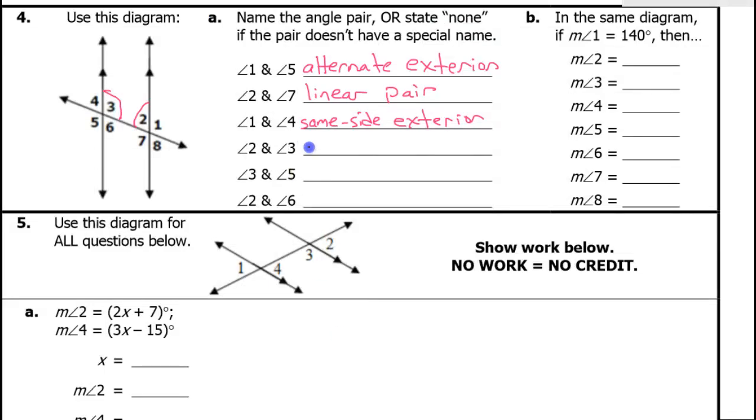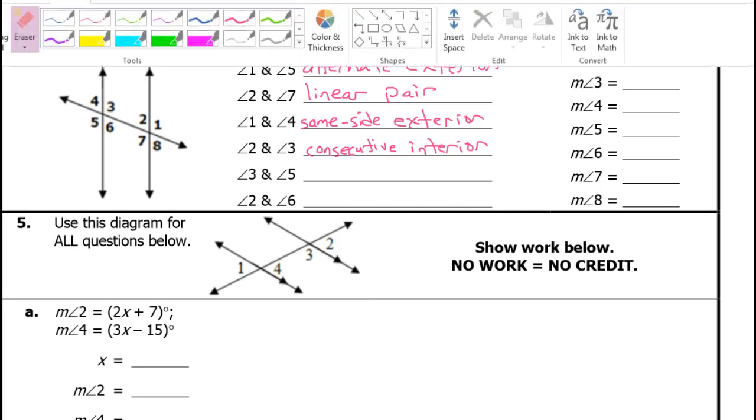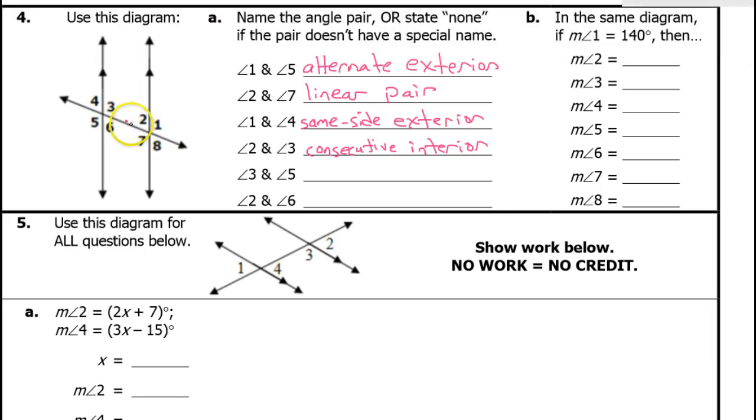So I'm going to try to get with the times and call them consecutive interior angles. Consecutive means right in a row, right next to each other, sort of like adjacent. But adjacent angles are actually sharing a common side. So angle 1 and angle 2 are adjacent. Angle 2 and angle 3 are not adjacent, but they are consecutive because they are nearby.